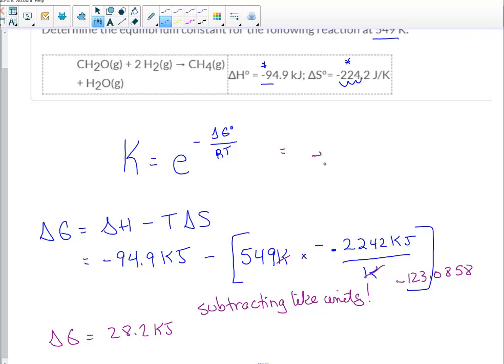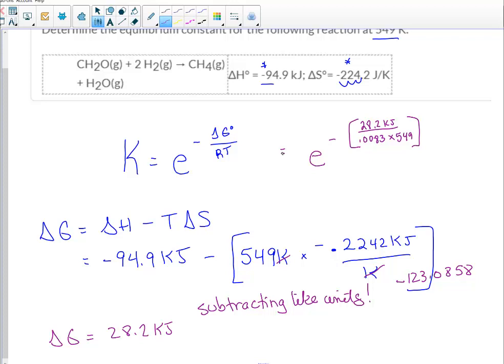So I have Euler's number, which is the opposite of a natural log, raised to the negative 28.2 kilojoules over R times T, and there's our answer waiting to be simplified.